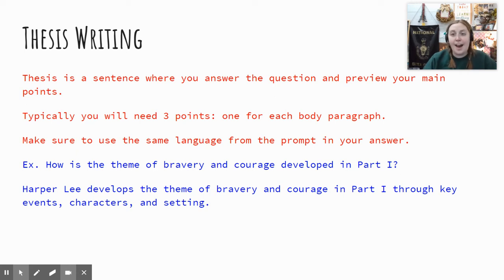Now, I fully understand that not every single prompt is going to need 3 paragraphs. There's going to be some times when we can answer the question in 2 body paragraphs. There's sometimes that we're going to write a paper and we need 6 body paragraphs. So that will fluctuate. For this paper, I want you to practice 3 just because we're practicing.